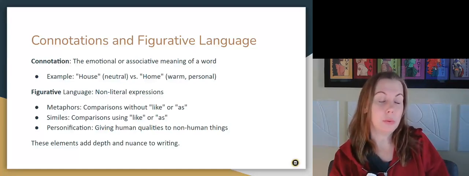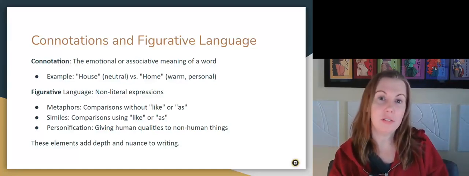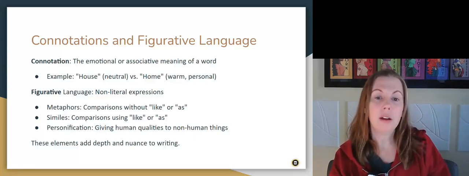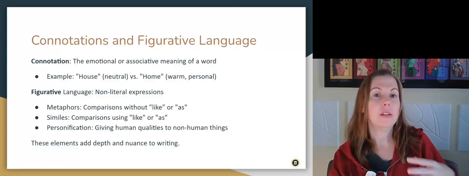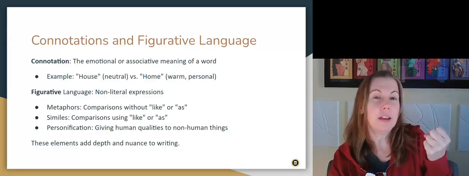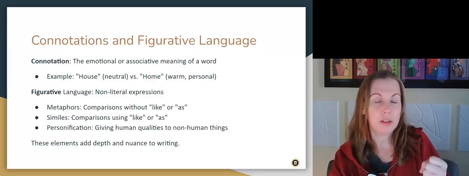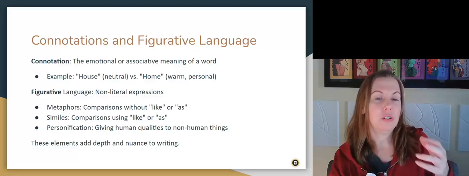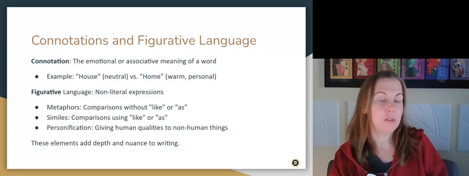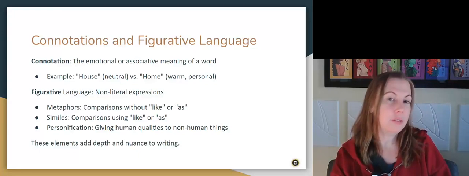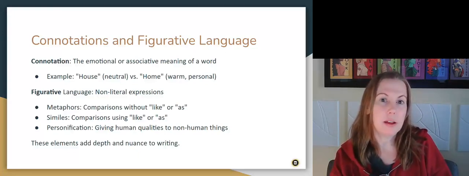And going off of that whole tone issue is connotations and figures of language. So connotations are the emotions attached to a word. And so word choice becomes really important here, because when we say, oh, she retreated back into her house, that's very formal.